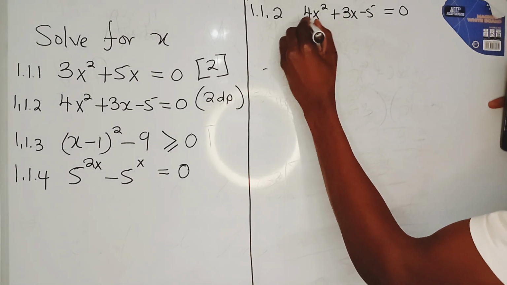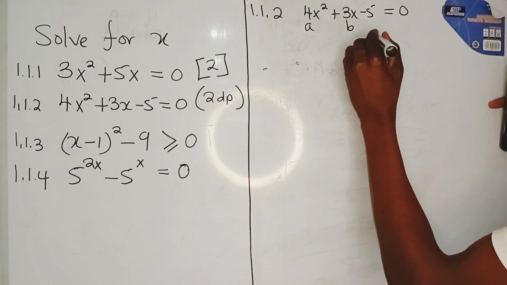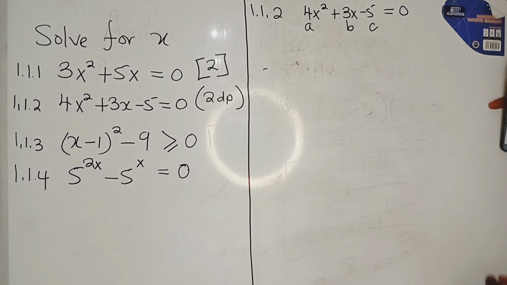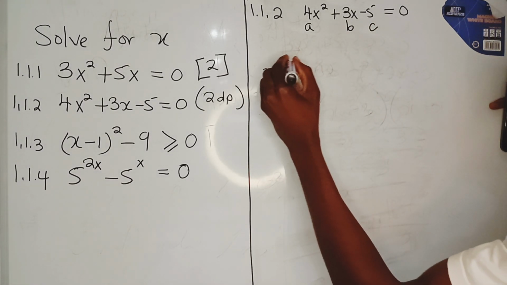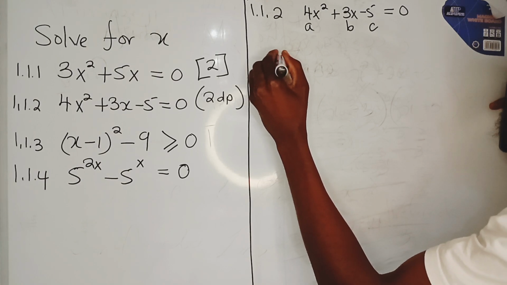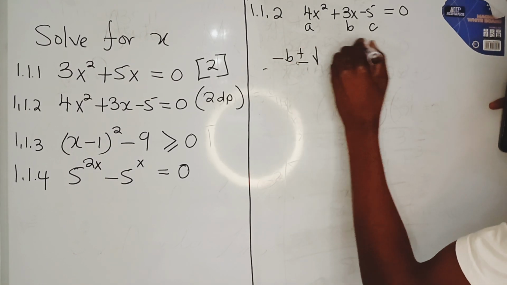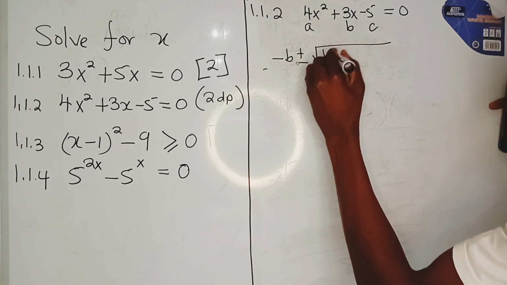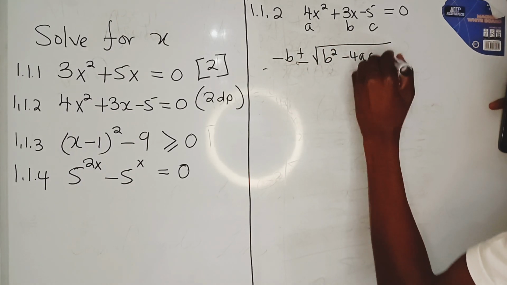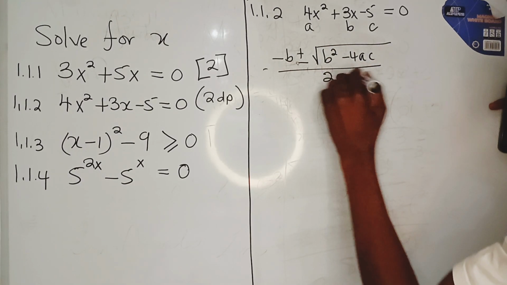So obviously this is going to be our A, this is going to be our B, and this is going to be our C. So meaning that our quadratic formula is minus B plus or minus square root of B squared minus 4AC all over 2A.